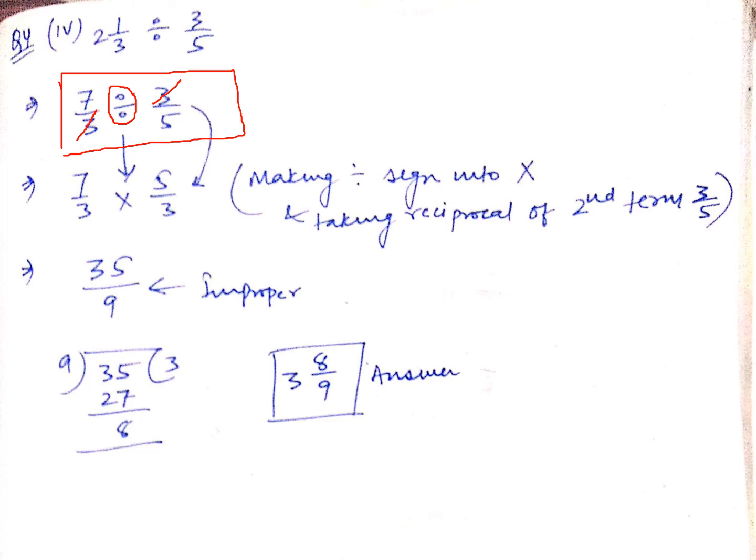If you cut like this it would be wrong, because the actual position of the 3 after making it multiplication will come in the denominator, so they both will get multiplied, not divided. So cutting like this will be wrong. First you convert into the multiplication sign and then see at that step what can be cut. Don't try to cut at this step. If you try to cut at this step, chances are more that you make a mistake.